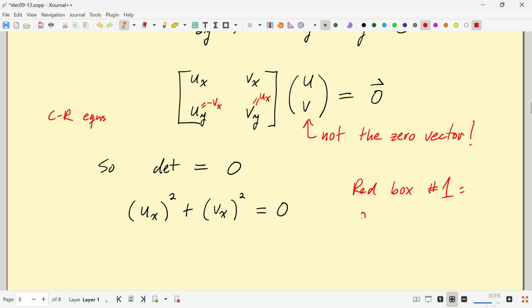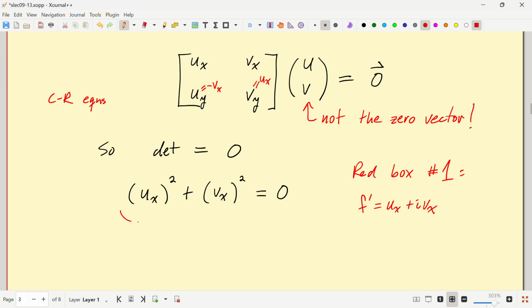And red box number 1 was f prime equals du dx plus i dv dx. And what do we have here? That's the modulus of f prime squared. So the aha moment, another aha moment, is that this is |f prime| squared. That's 0.